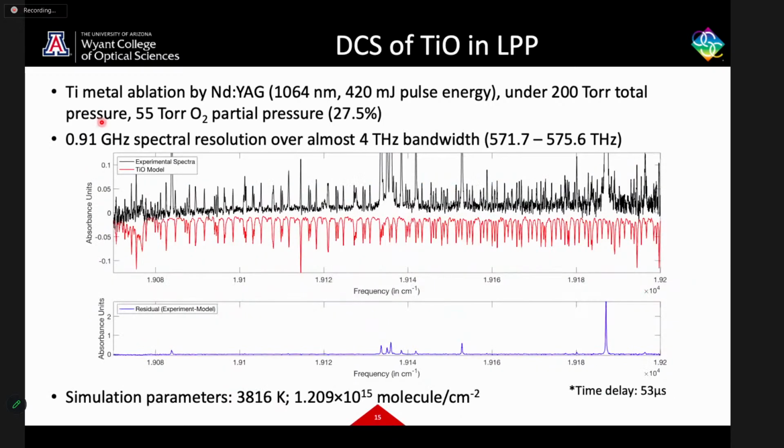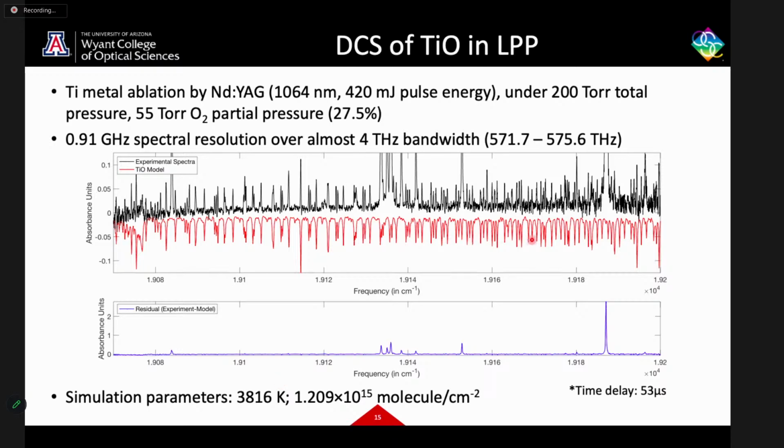And here, as I mentioned, we are able to apply our fitting routine with our experimental data to generate a model that can give us our temperature and our column density associated with just the oxide structure. So in this simulation, we were able to fit using a temperature of about 3,800 Kelvin and indicating a column density for this oxide of about 1.2 times 10 to the 15 molecules per centimeter squared.